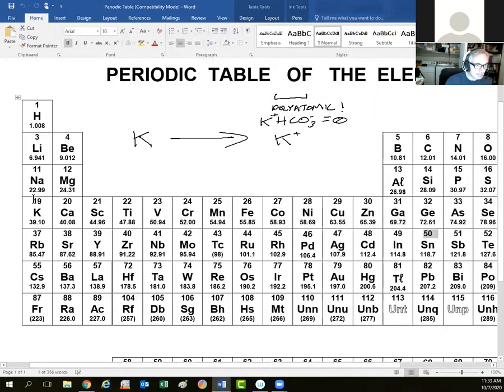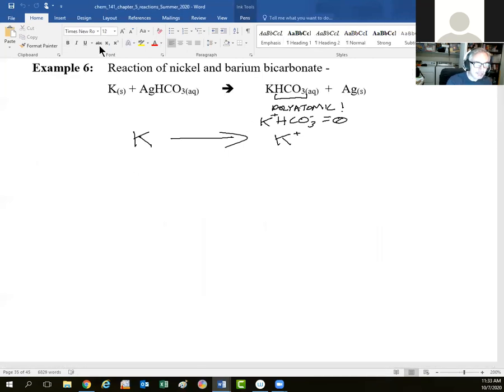So potassium, element number 19, 19 protons in every potassium atom. So if there's no electrical charge at the beginning of all this, we only have 0 charge because there's 19 electrons as well.